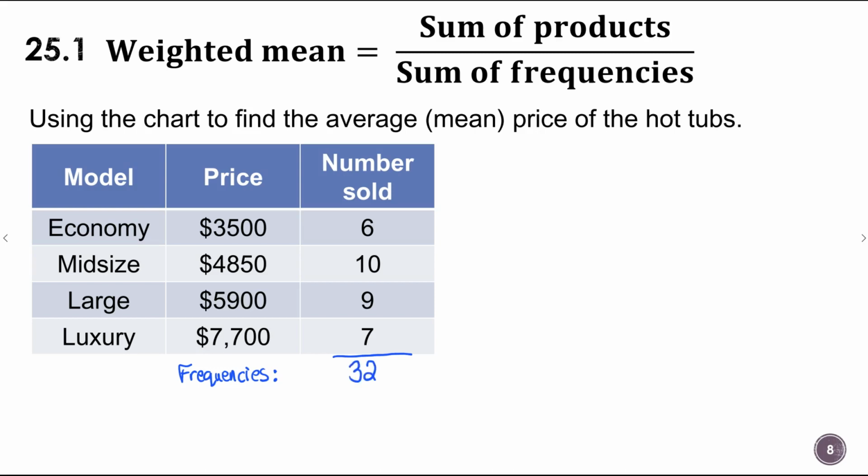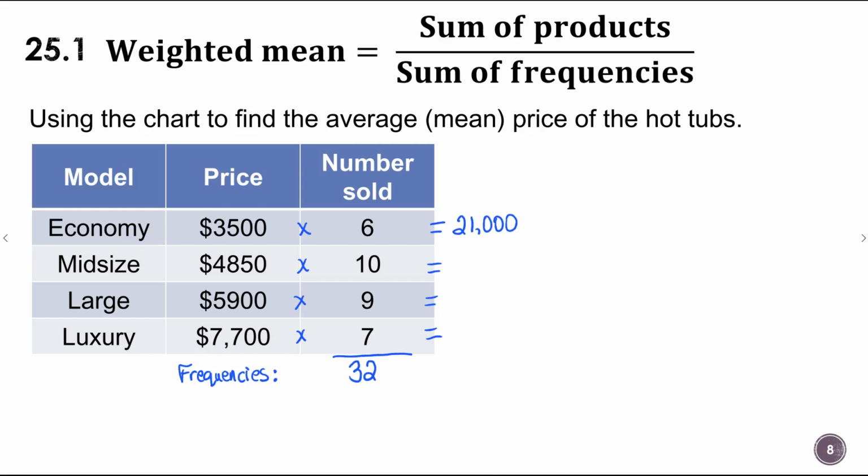Okay. Then we're going to go through our chart and multiply each one of these times the number of hot tubs that were sold, right? This is a list of hot tubs. Then we get our numbers out here, and we will also be adding those up. We multiply first to figure out how much in each category. So this one is 21,000, and that's $21,000, right?